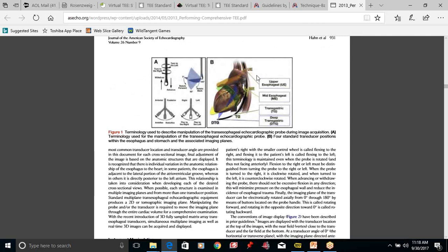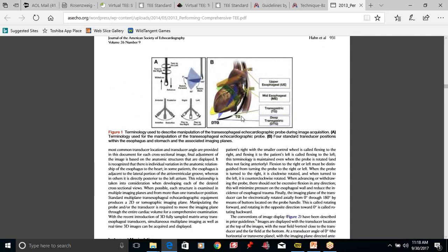You're going to see upper esophageal, which is when the probe is in the upper portion of the esophagus, and then mid esophageal when the probe is in the mid esophagus, right there. And then gastric is when it's in the stomach, and then deep gastric is when it's much deeper.